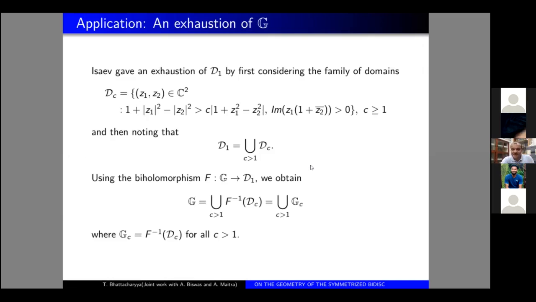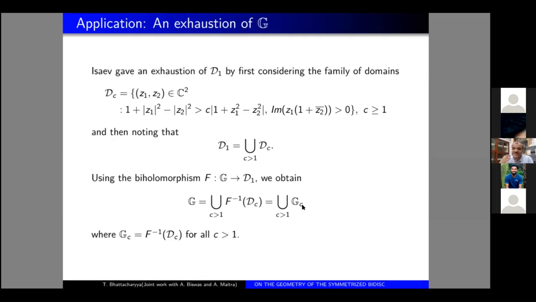But now we cannot resist applying the biholomorphism, of course. So pull back everything to G, to the symmetrized bidisc. And so this capital F is the biholomorphism. So F inverse of D_C, call that G_C, must give us something inside the symmetrized bidisc.